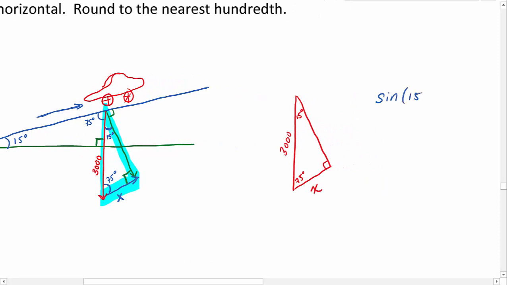Sine of 15 degrees is going to be equal to x over 3000, and then we solve for x. Multiplying both sides by 3000, we get 3000 sine of 15 degrees is equal to x. And now all we need to do is plug that into our calculator and round to the nearest hundredth.